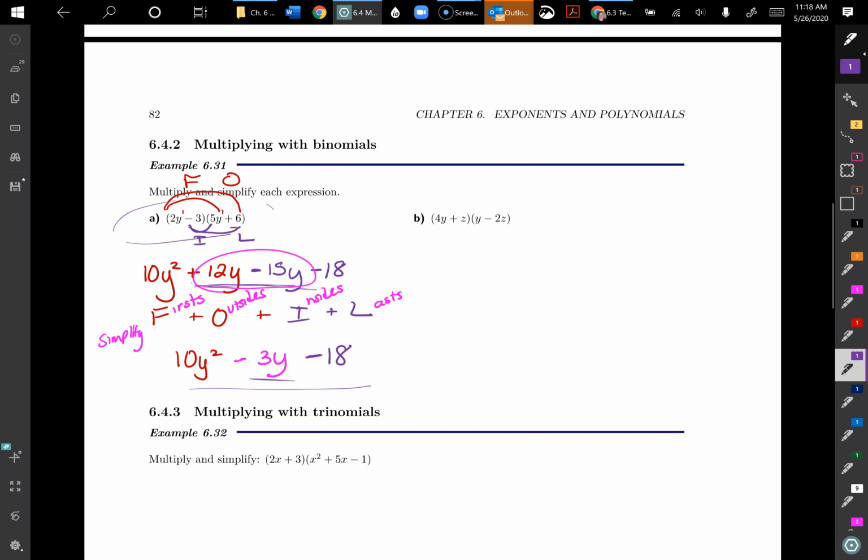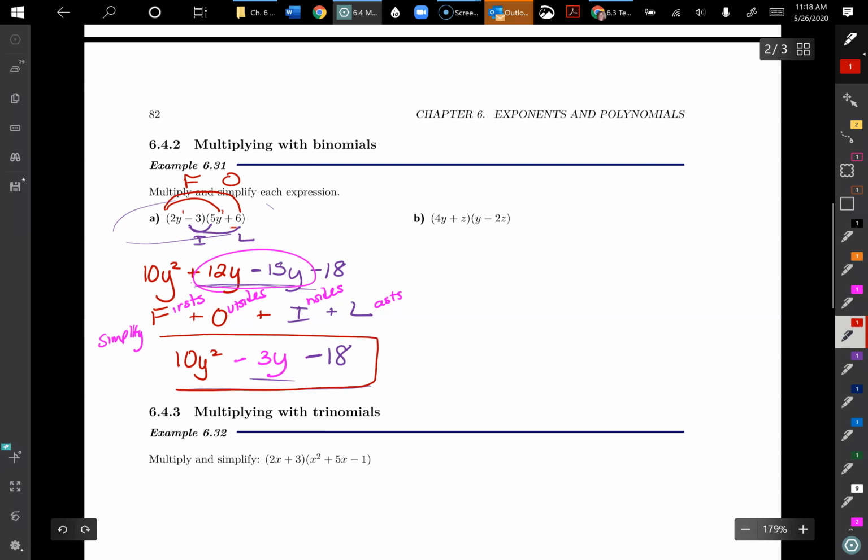So I want you to try to think, when we're going forward, how we would go back and undo that. We could call it backwards distributing, as factoring. So this is my final answer on this one. Don't try to reduce it or anything else. Simplifying was just combining the middle terms.